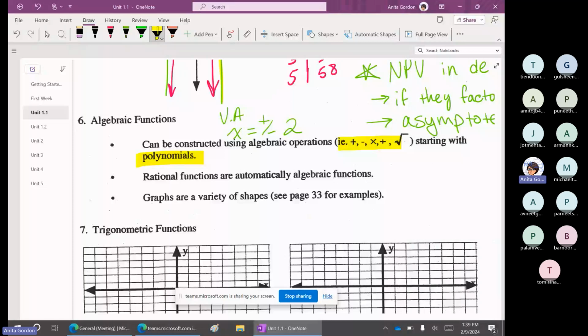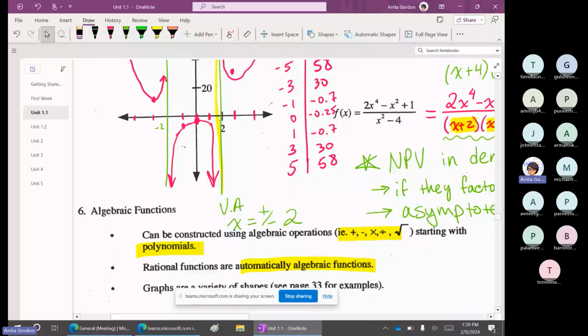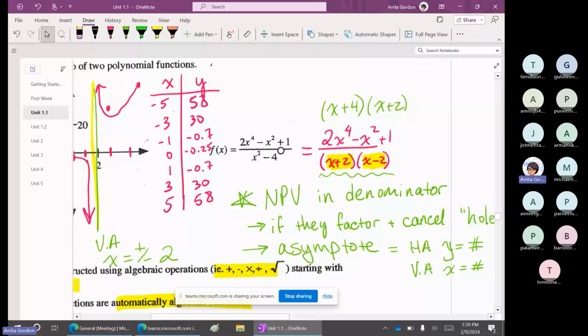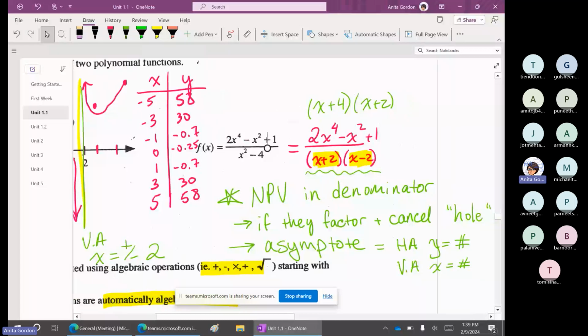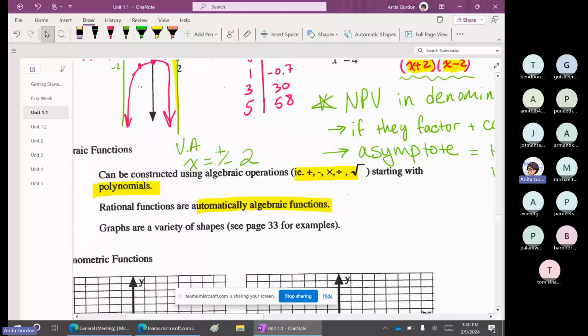Rational functions are automatically algebraic functions. Why? Because here's a rational function. The way I created it was by multiplying some stuff, adding and subtracting some stuff, dividing some stuff. So I followed all the algebraic operations, so rational functions are automatically algebraic.